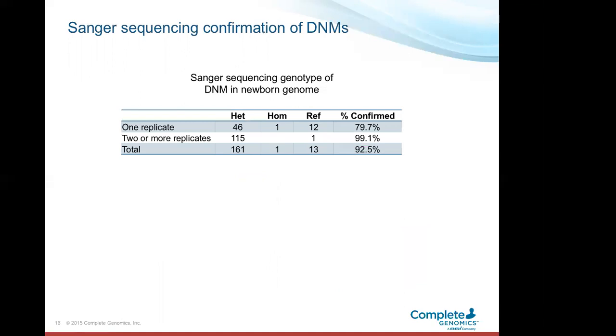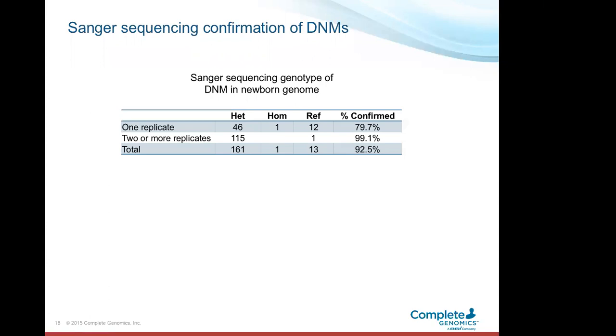So to get a more accurate assessment of the de novo mutation identification, we contacted and collected newborn DNA samples from 13 of the participating families and performed Sanger sequencing using this DNA and also parental genome DNA. The first step was to see whether these predicted de novo mutations are present as heterozygous mutations in these children's genomes.